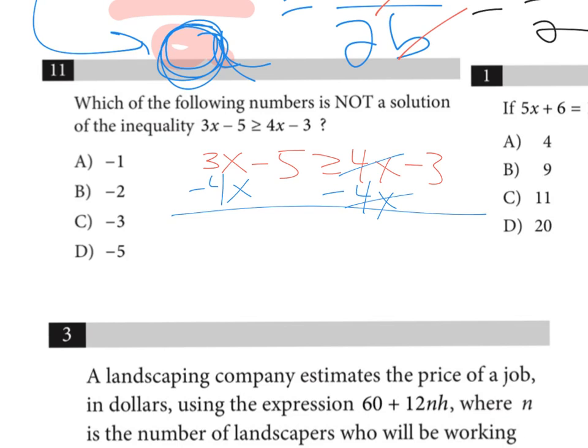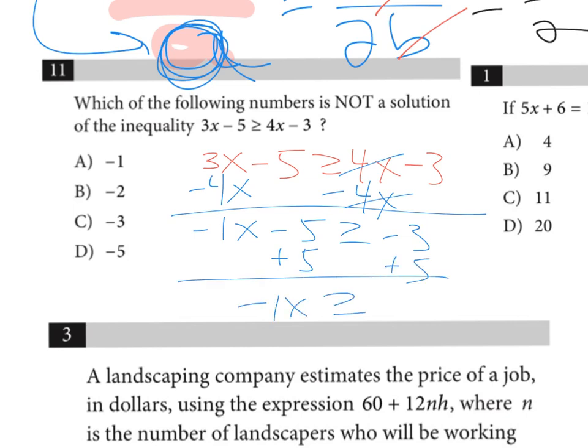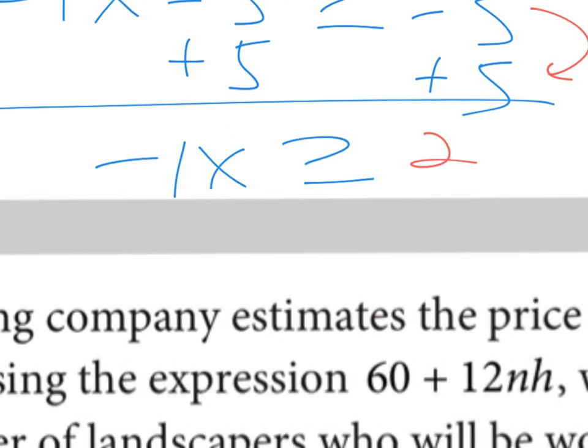So here I have 3x minus 4x is negative 1x, minus 5 is bigger than or equal to negative 3. And now to solve for x, I'll add 5 on both sides. So I have negative 1x is bigger than or equal to, well, negative 3 plus 5 is 2. And now to solve for x, I'm going to divide both sides by negative 1.